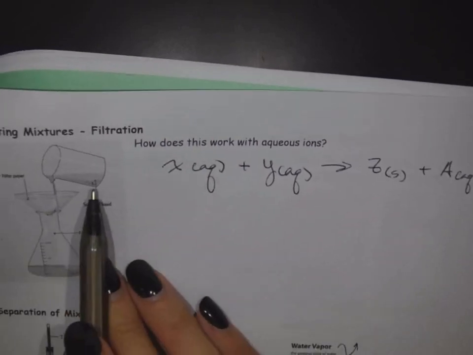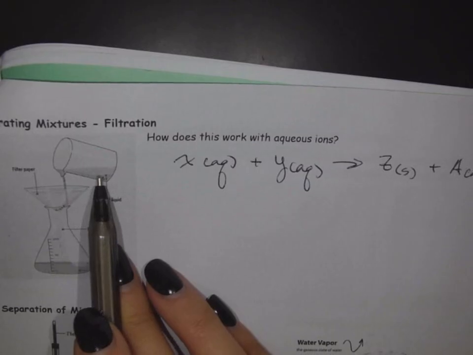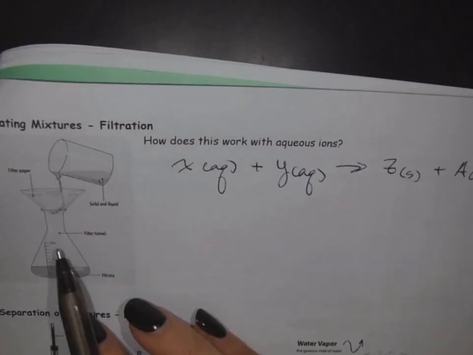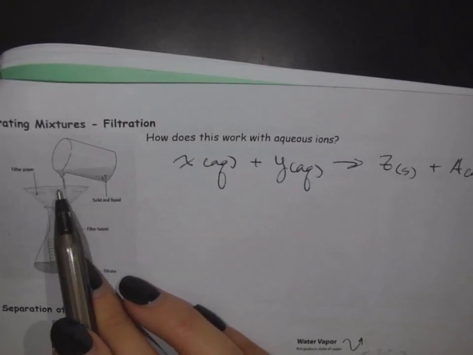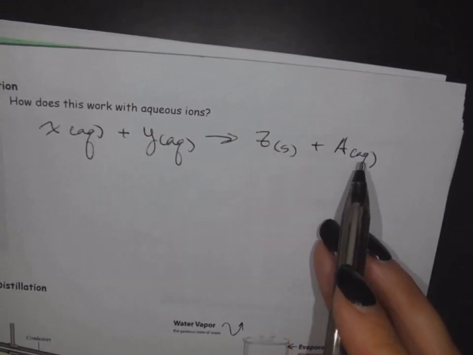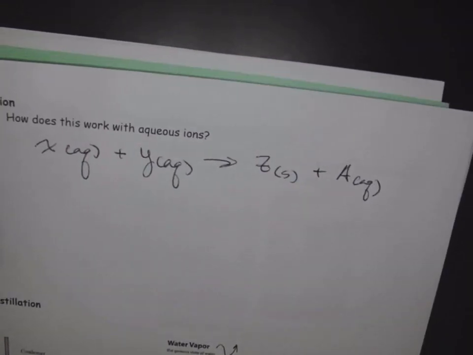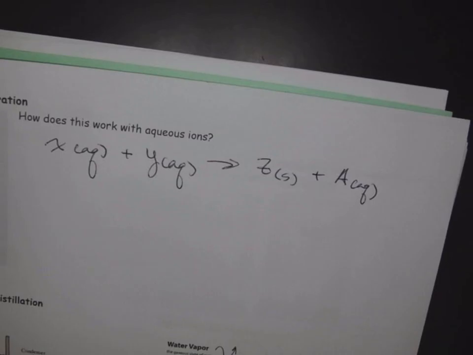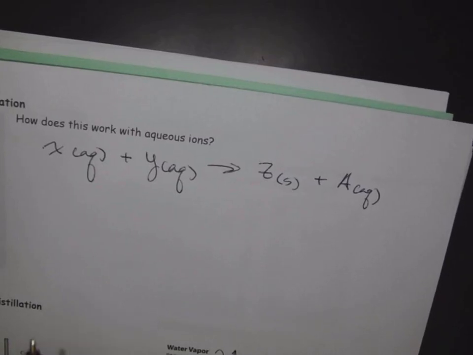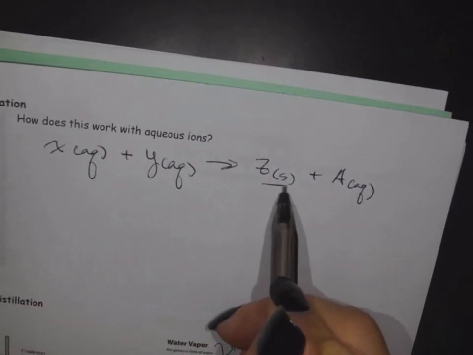We pour the product through a filter, and all the liquid stuff, the aqueous and any water that's just floating around that didn't react, goes through the filter, but what gets caught in the filter is the solid.